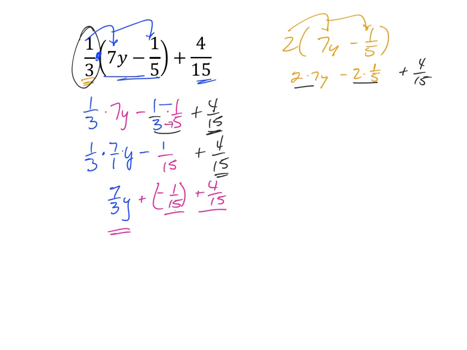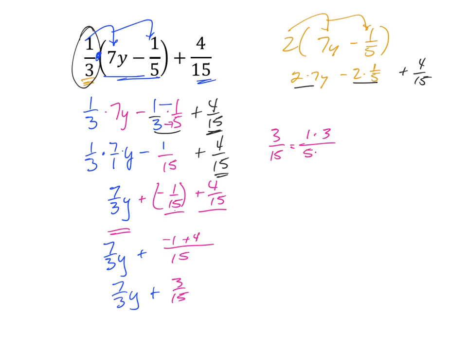Since they have a common denominator, we can just say we have 7/3 y plus, over 15, negative 1 plus 4, which means we have 7/3 y plus 3/15, and 3/15 reduces to 1/5 because 3/15 is the same as 1 times 3 over 5 times 3.